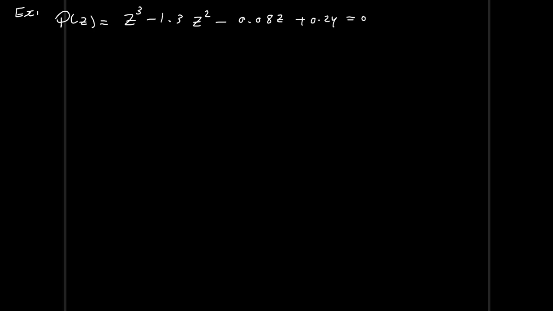If I'm writing it in general form, and this is not necessary, but simply if you need to do so, this would be a3 z to the power 3 plus a2 z to the power 2 plus a1 z plus a0 is equal to 0.